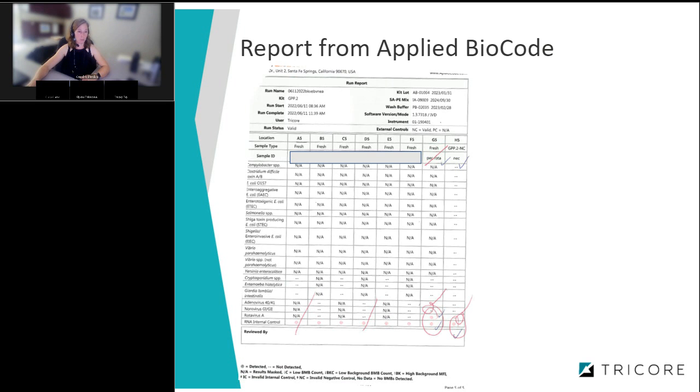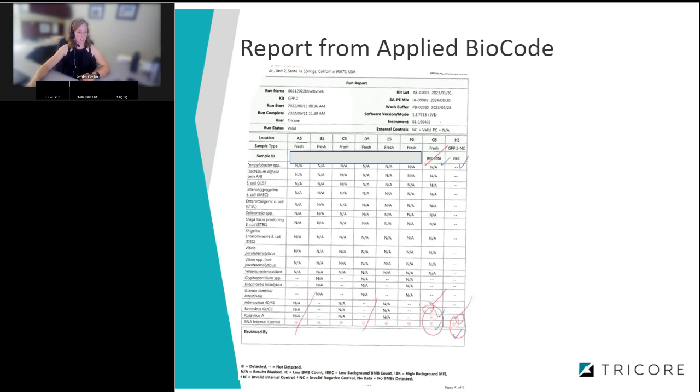This is what the report looks like. So they're able to mask any of the non-ordered targets. So you can see Campylobacter, Clostridium, and these are the different samples that have been loaded. And A, because that's not what was ordered. In this instance, the GI parasite panel was ordered, and so this one was negative for Crypto, E. histolytica, and Giardia.